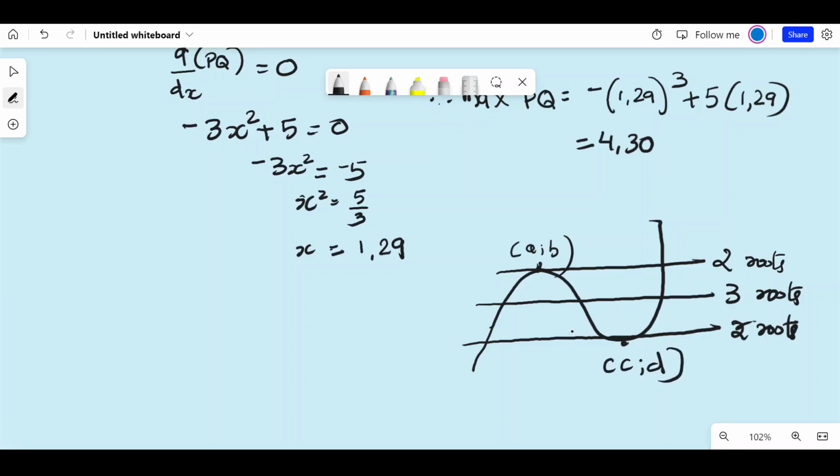So for finding the roots, you use the y coordinate here. If the y is at B, or if the y is at D, then two roots. Now if the y is between, which one is the minimum here? D. Between D and B, then it's going to have three roots.